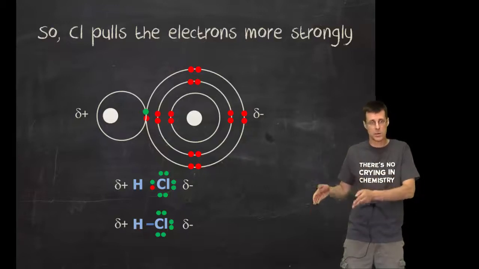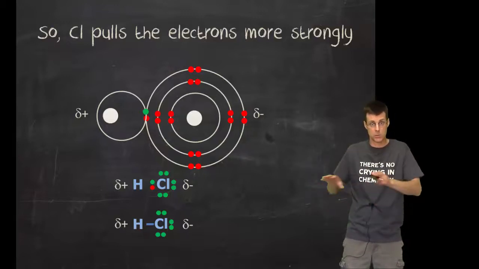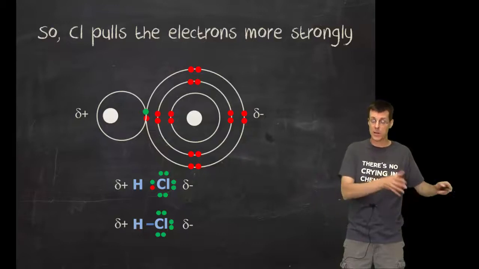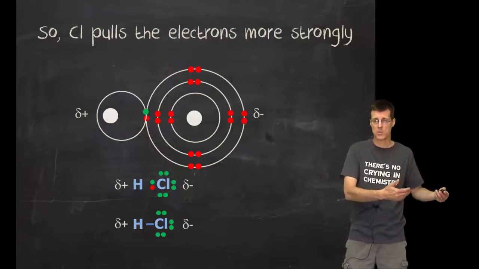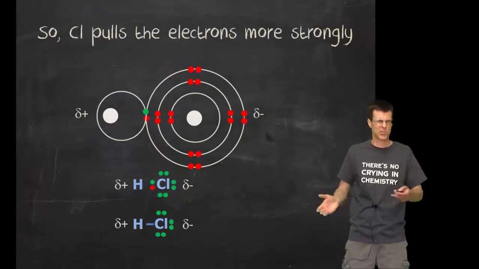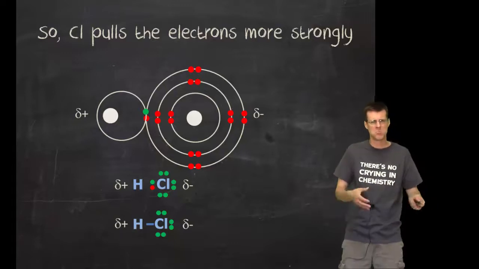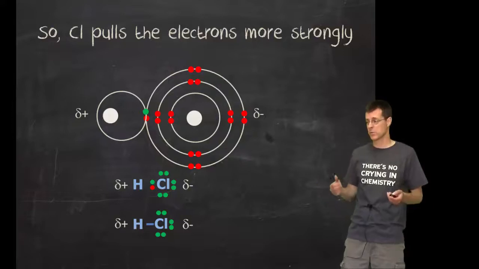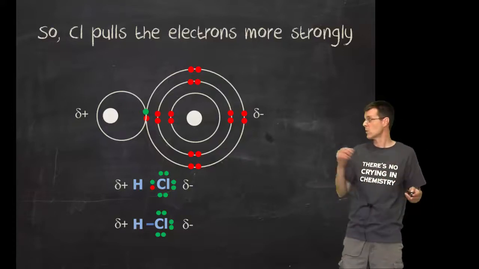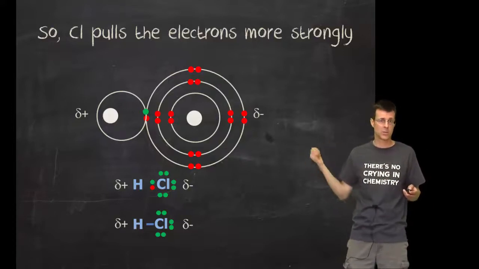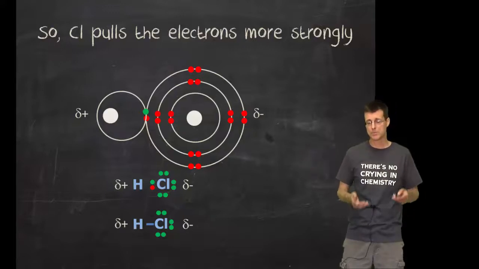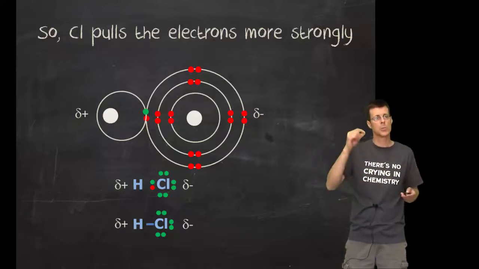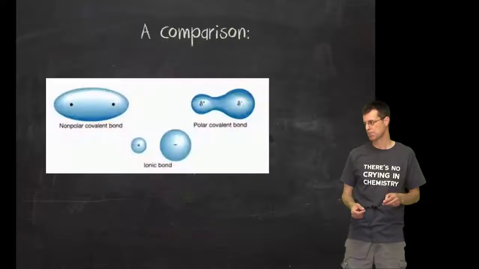So if a covalent bond is equal sharing, no difference between them, and an ionic bond has full ionic charges, the middle ground must have some kind of partial, little bit of charge going on. That's a symbol we use. Normally we're not going to write the delta positive, delta negative in, but every once in a while we need to be thinking about it.